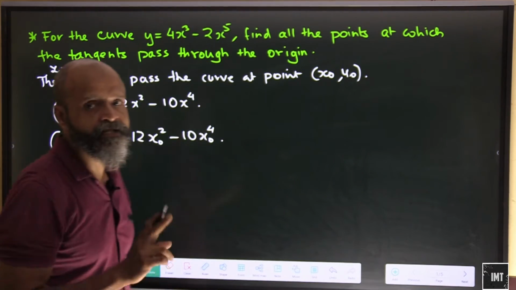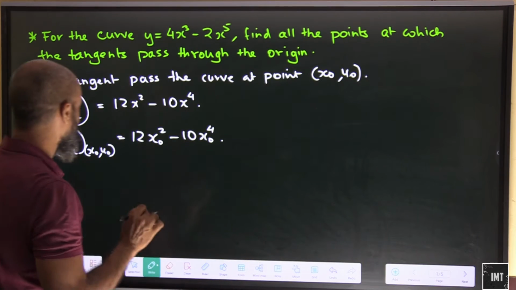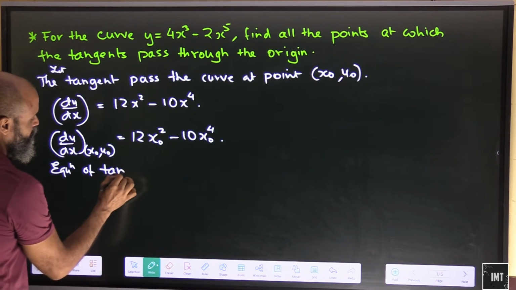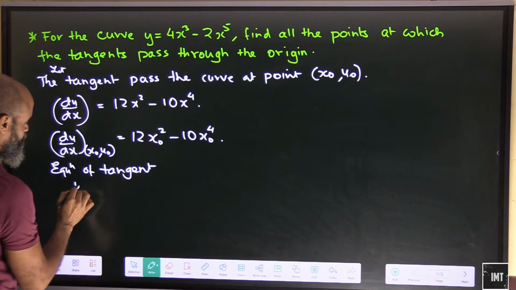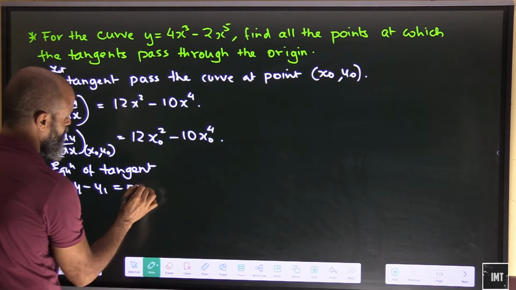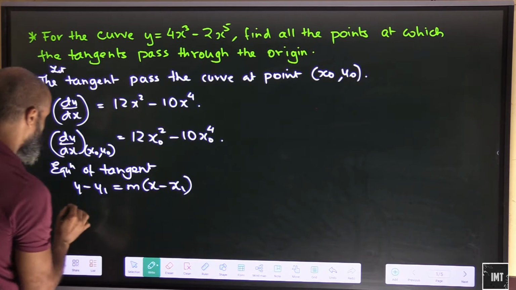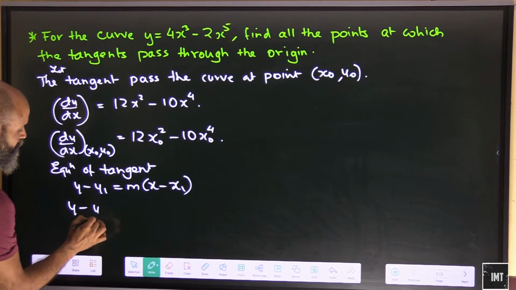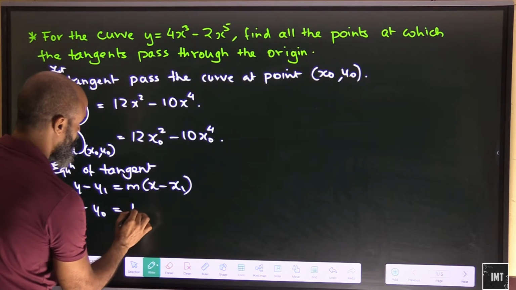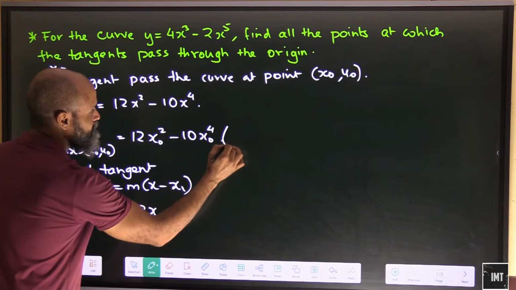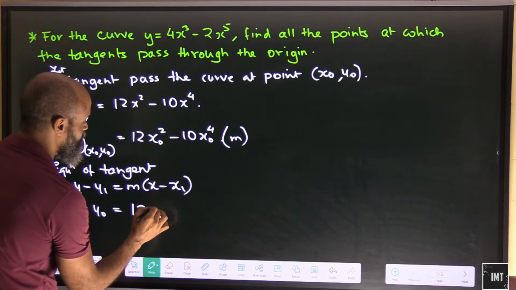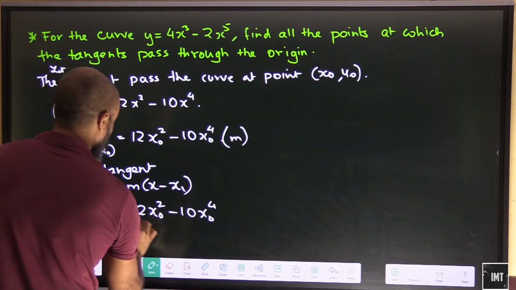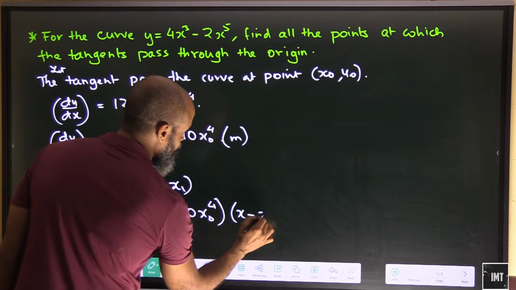Now since this tangent passes through this point, the equation of tangent is y minus y1 is equal to m into x minus x1. So here it will be y minus y naught is equal to m, the slope of the tangent, 12x naught square minus 10x naught raised to 4, into x minus x naught.